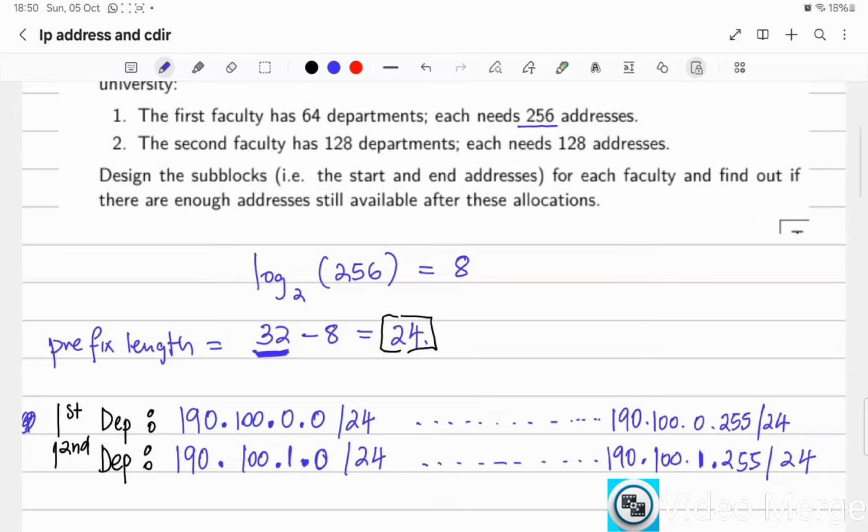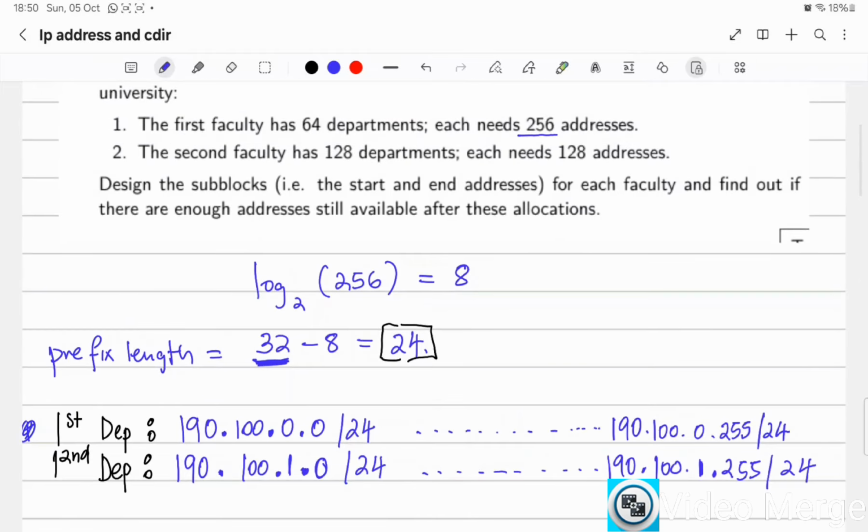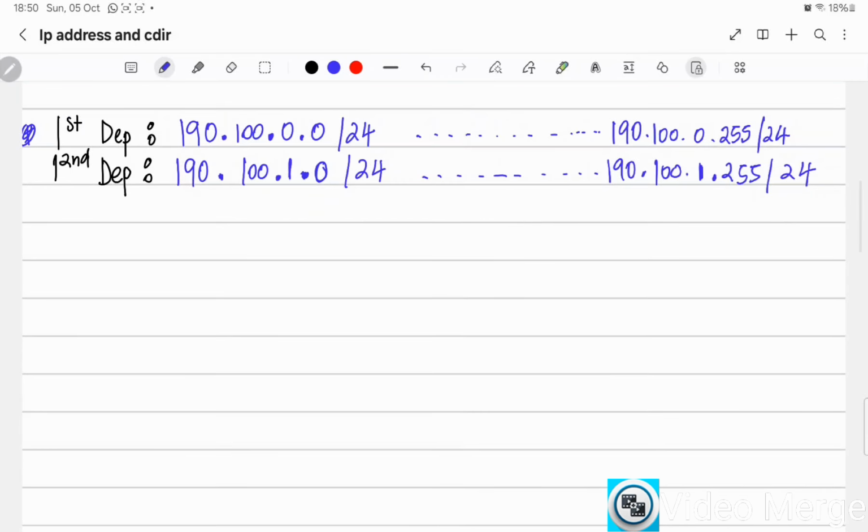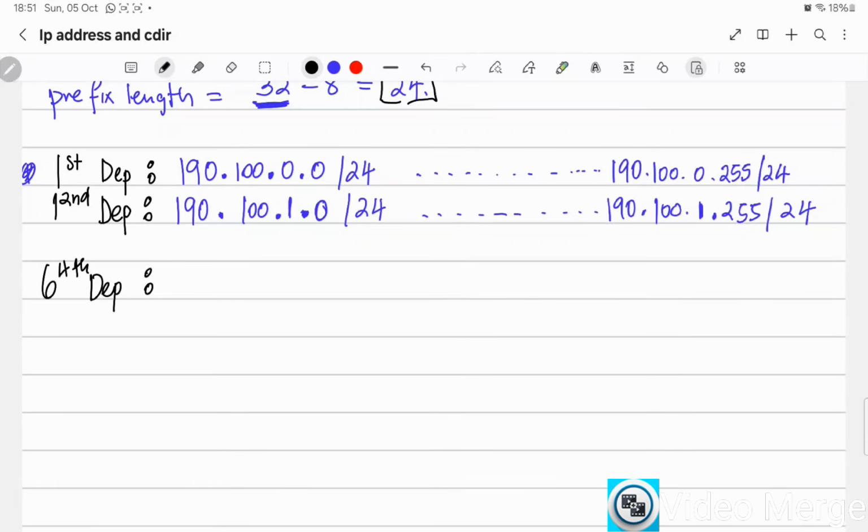So you need to skip to the 64th department, but this is where you have to be smart with it. It's the second department here, and this is the 64th department.